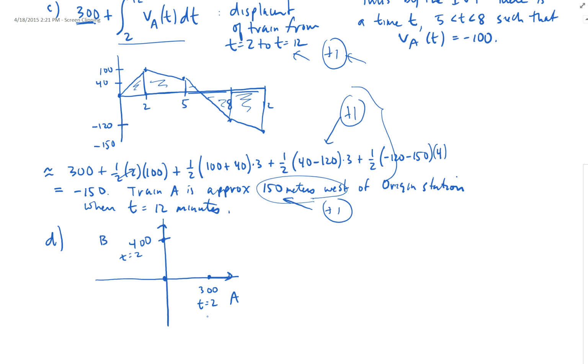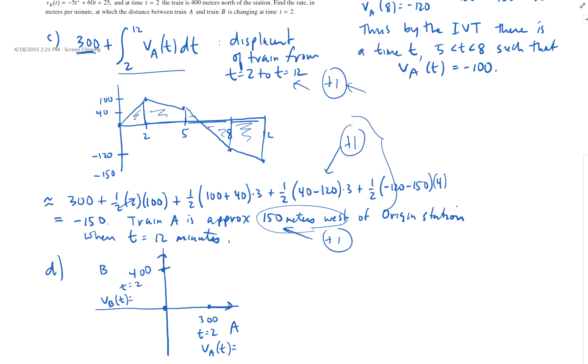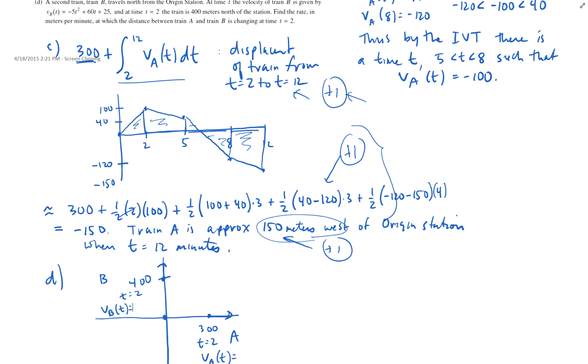And I know the velocity of A, and I know the velocity of B, because I have an equation for both, right? And what they're asking for in D is what's the rate of change of the distance when t is equal to 2.